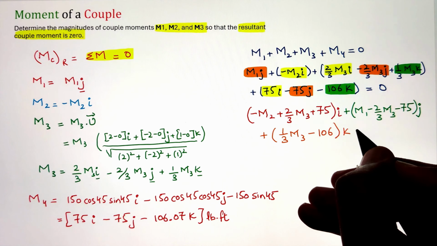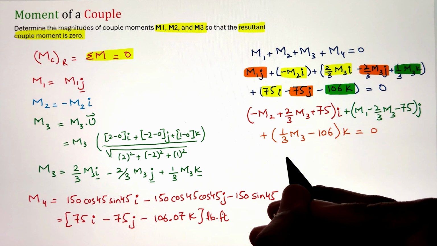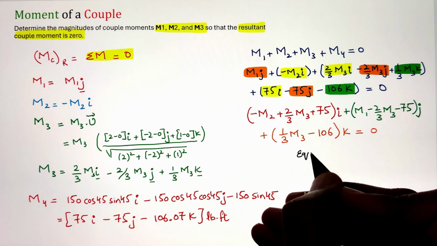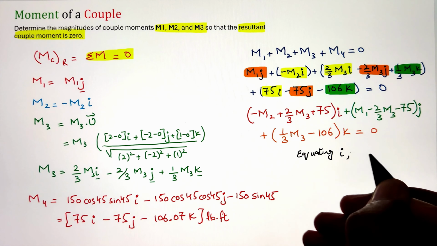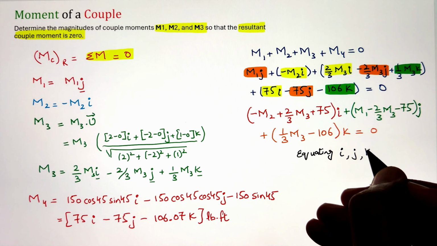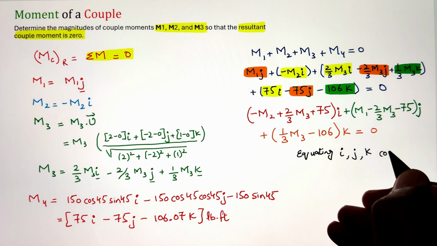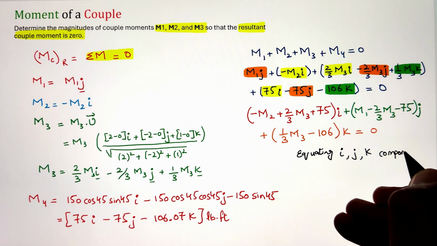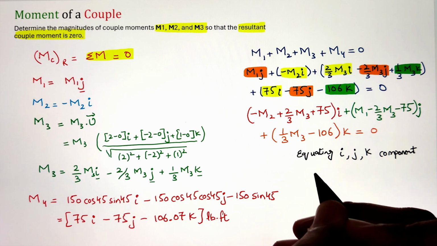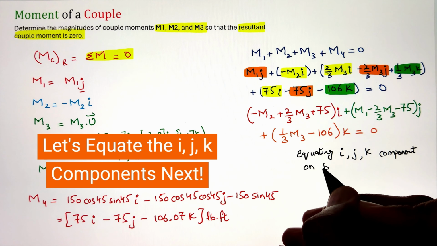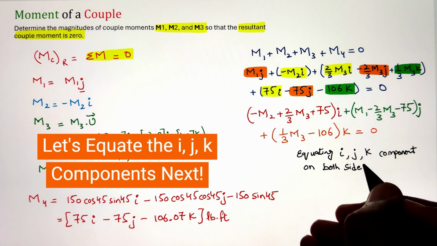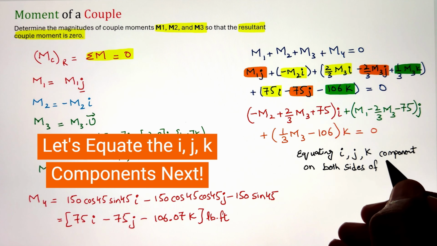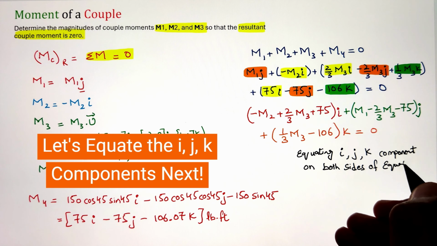Now, once we have separated our i, j, and k terms, we can equate them on both sides of the equation. Since the right hand side is equal to 0, the i component on the right hand side is 0, the j component is 0, and the k component is also 0. So we can write three expressions.